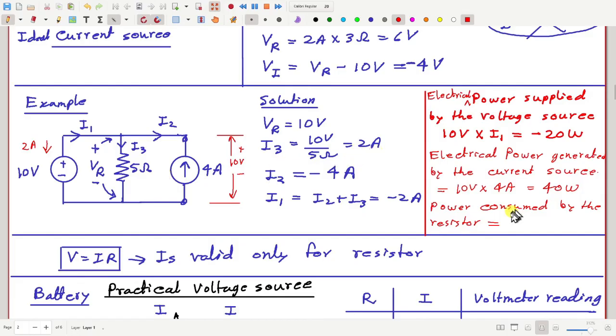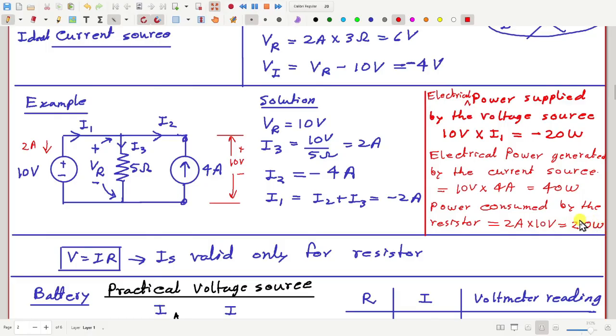I3 is how much? 2 ampere is flowing from positive to negative side, 10 volt. So that means energy is consumed. Positive charge is flowing down the electrostatic potential gradient. So therefore power is consumed. This is 20 watt.